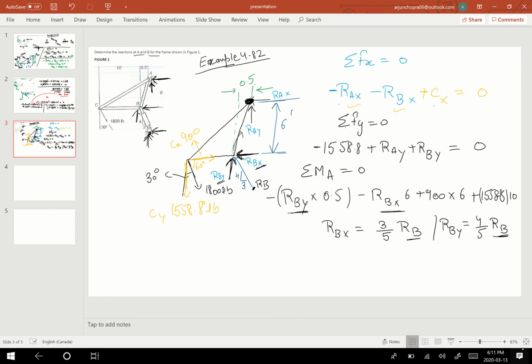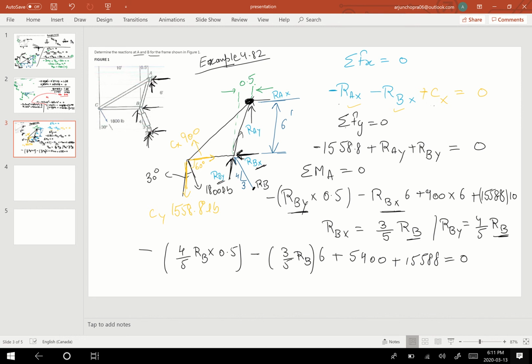Now let's go back to the equation. I will write it as negative of RBy, which is 4 over 5 RB, times 0.5, minus RBx, which is 3 over 5 RB, times 6, plus 5400, and this value is plus 15588, equal to 0.